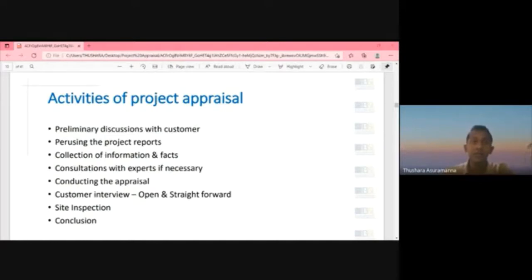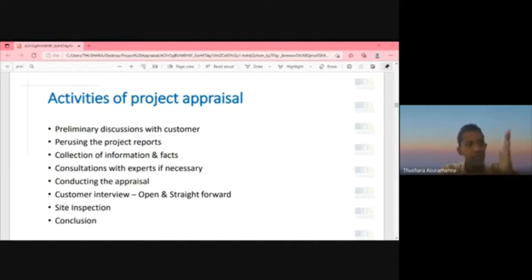Then site inspection. That could be undertaken not only at this level, but even prior to that, maybe with the preliminary discussion. You might go and see the site, or go with the consultants, valuers and all that, to get an idea. Subsequently, site inspection is an ongoing activity.